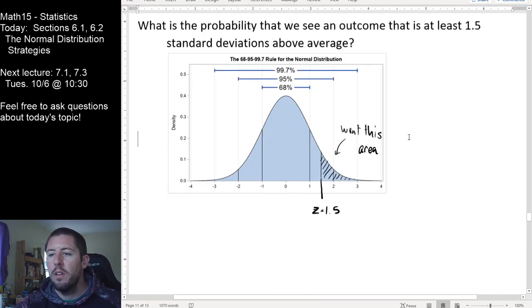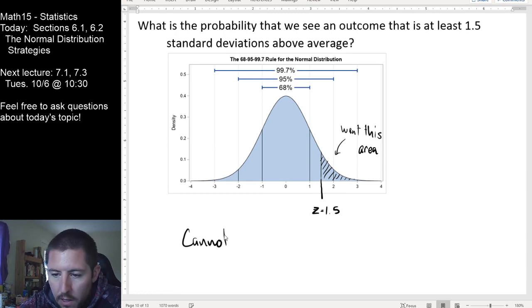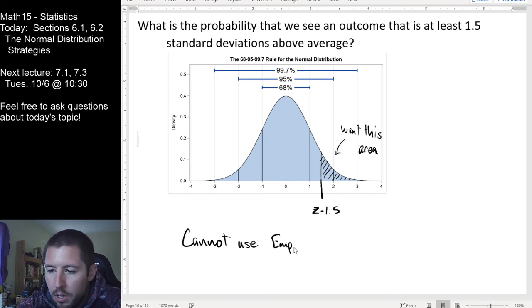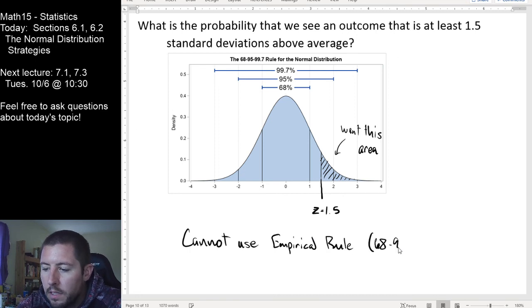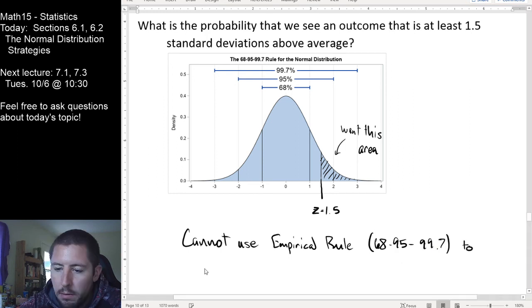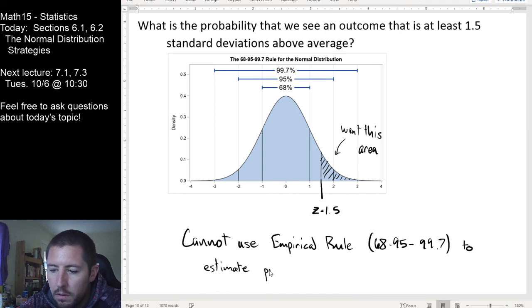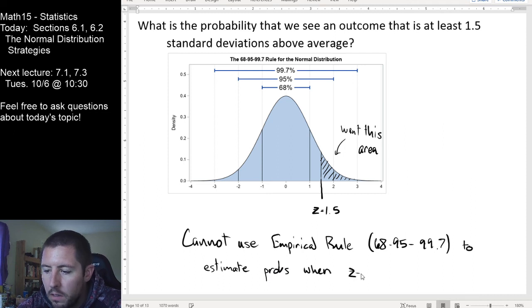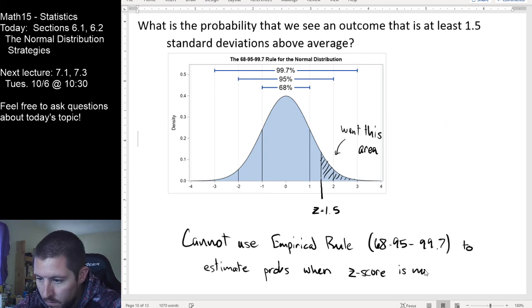So let me just make my concluding statement here. Cannot use empirical rule, 68, 95, 99.7, to estimate probabilities when z-score is not a whole number.